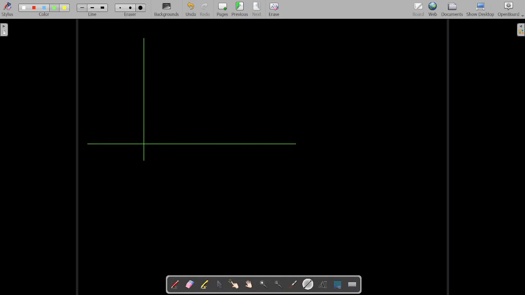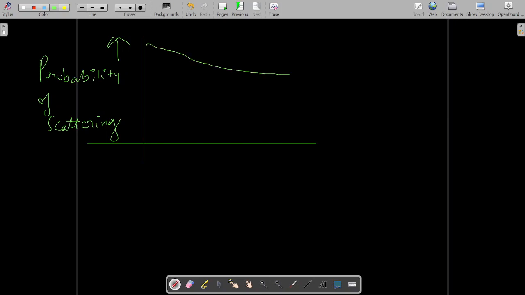This is your y-axis, this is your x-axis. So probability of scattering will be over here, and it will be something of this kind. Then we have something of this kind.